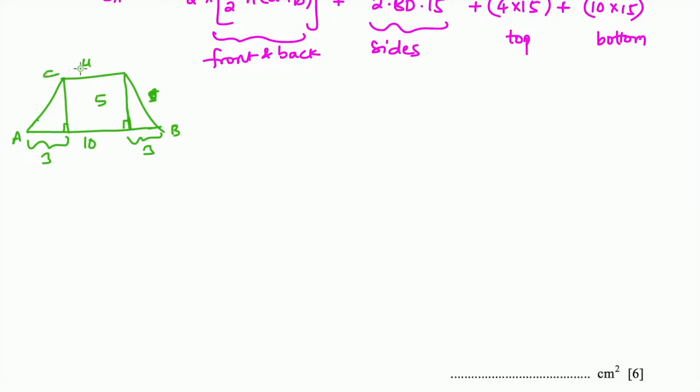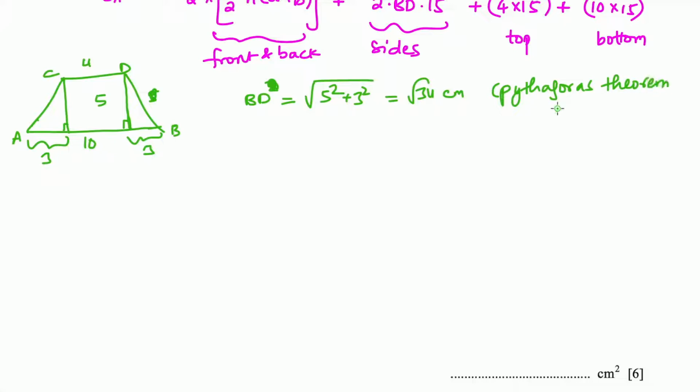A, B, C, D. So BD square would be equal to, or BD would be equal to, 5 square plus 3 square, which is square root of 34 centimeters. This is given by Pythagoras theorem, right?